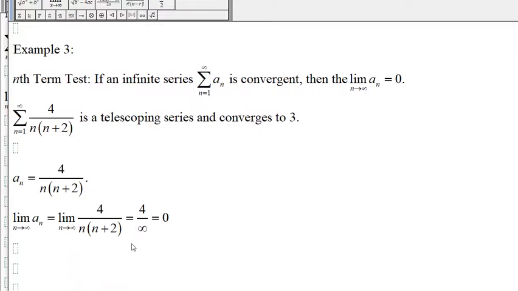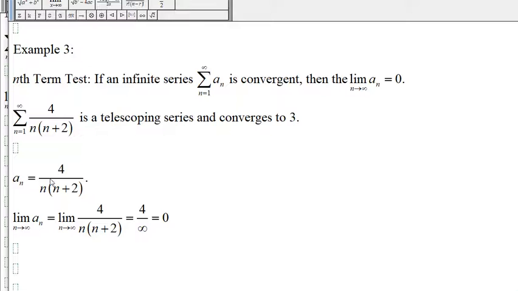And here's another example. The infinite series 4 divided by n times n plus 2 is a telescoping series, and we have shown in an earlier video on telescoping series that this series converges to 3. Meaning this infinite sum is equal to 3. And now we want to show that the corresponding sequence a sub n has a limit of 0.